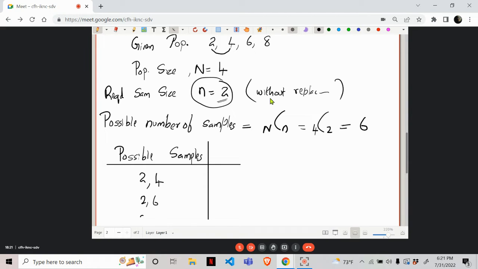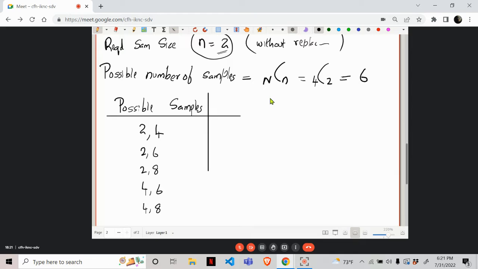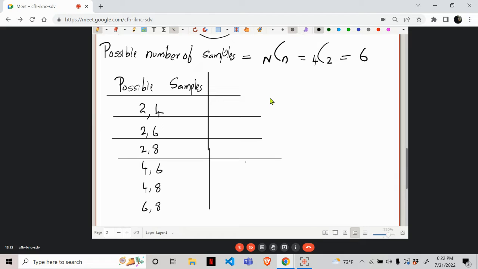Someone else might get 2, 8. Someone else might get 4, 6 or 4, 8. Or another possibility, someone might get 6, 8. Did you understand? When we go for cluster sampling or stratified sampling, these are the different possible data people will be able to collect.